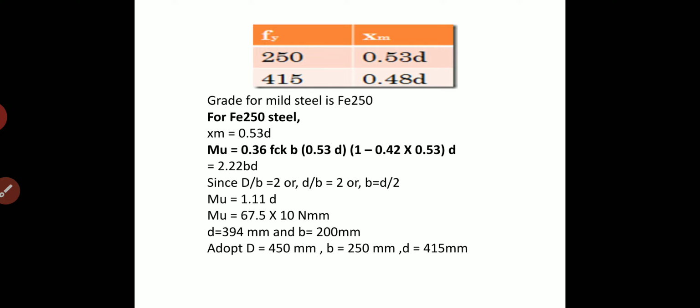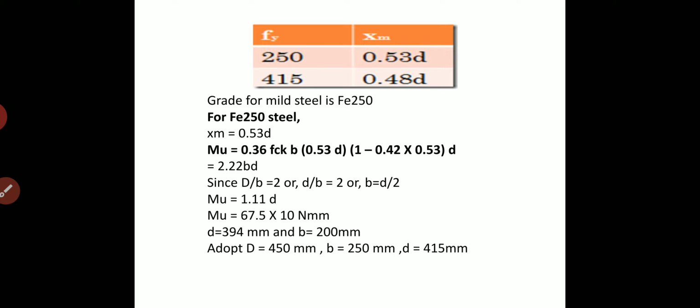For Fe 250 steel, xm equal to 0.53 d, Mu equal to 0.36 fck into B into 0.53 d (1 minus 0.42 into 0.53) d. When we solve this equation, we get Mu equal to 2.22 BD.